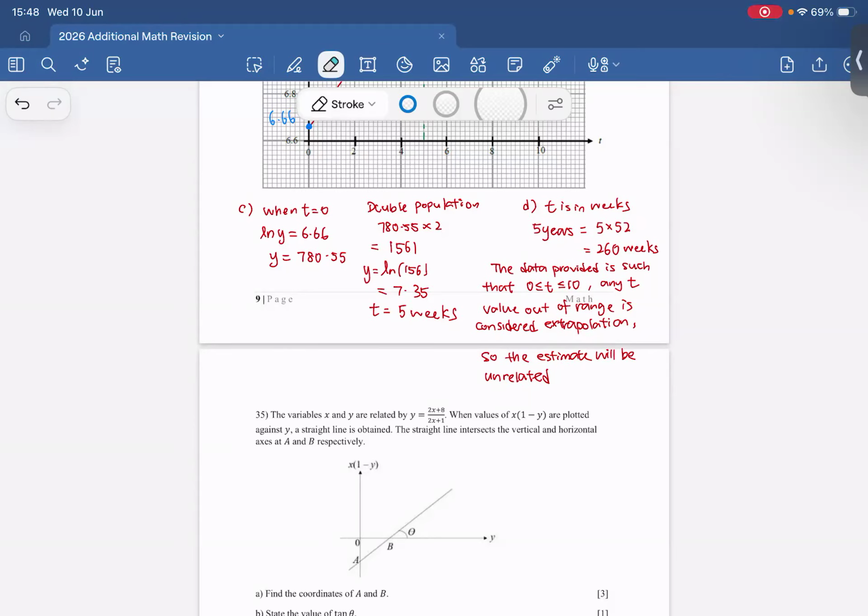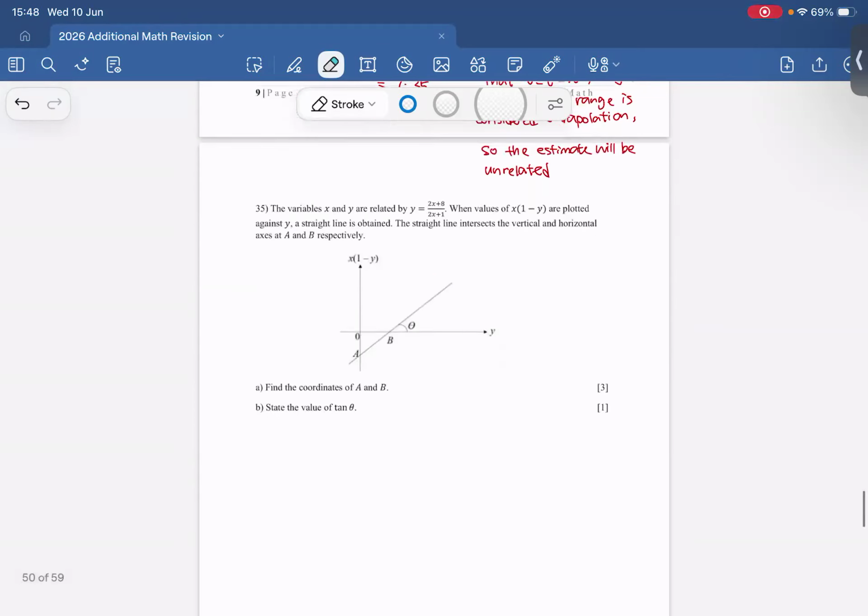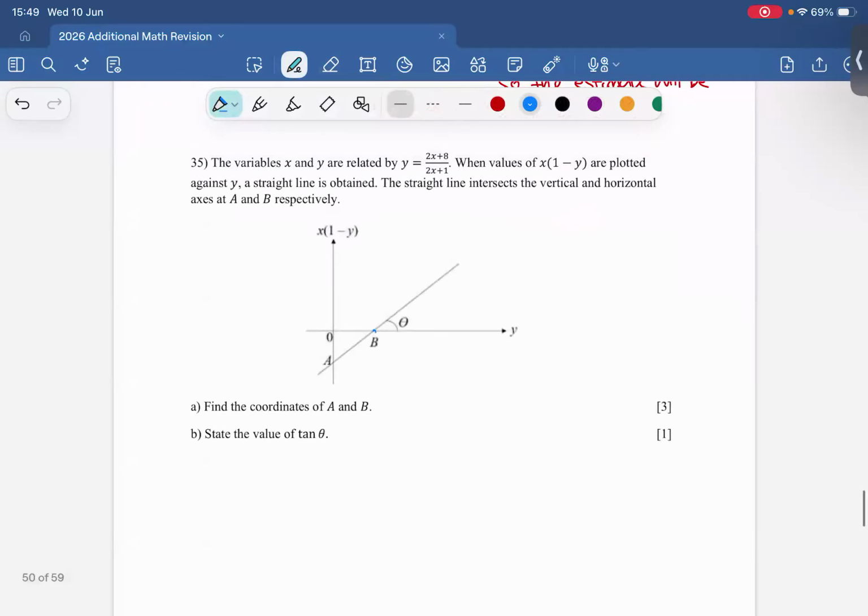Okay, so what you need to do for question 35 is to find, before you can find your A and B, you must understand A and B is what coordinate. This is your y is 0. You need to find what is the value of y. This is when this is 0, you need to find the value of this.